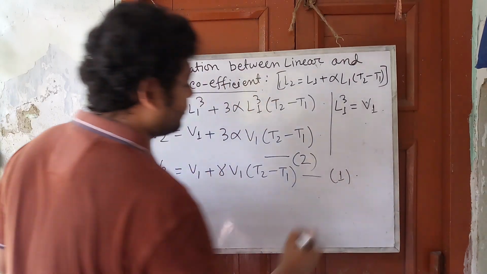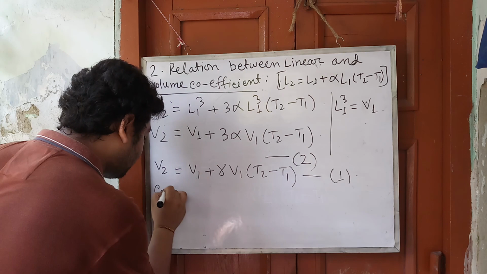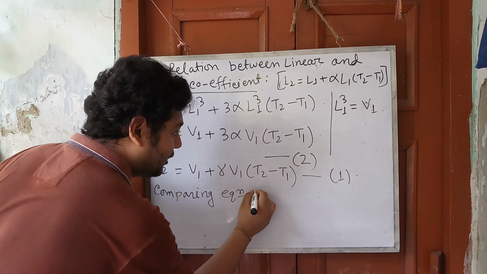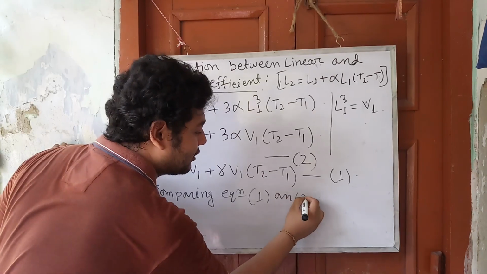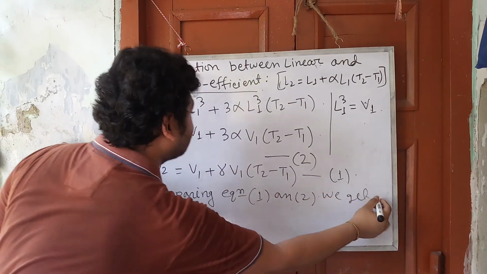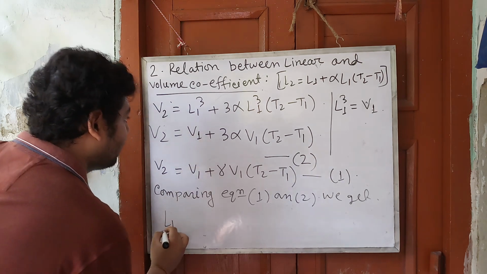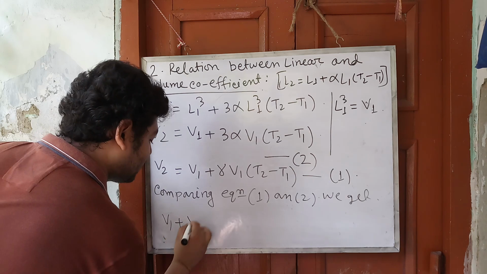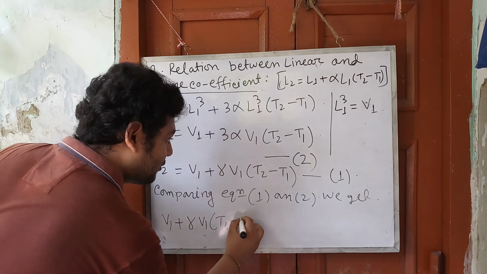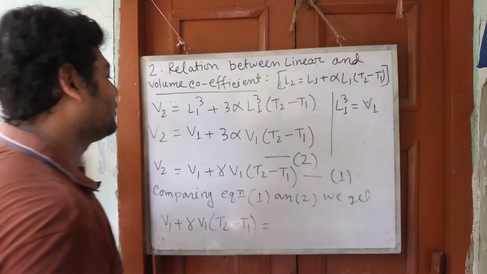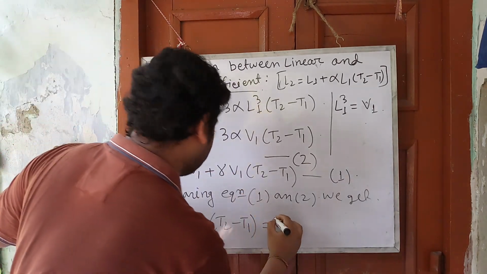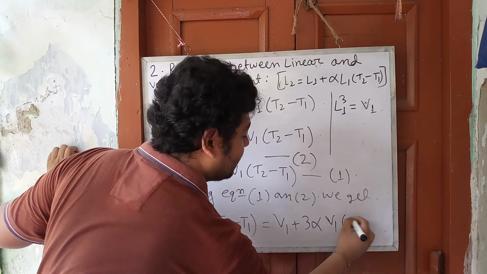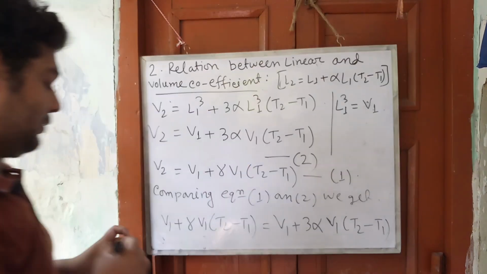So comparing equation 1 and 2, we get V1 plus gamma V1 (T2 minus T1) equal to V1 plus thrice alpha V1 into (T2 minus T1).